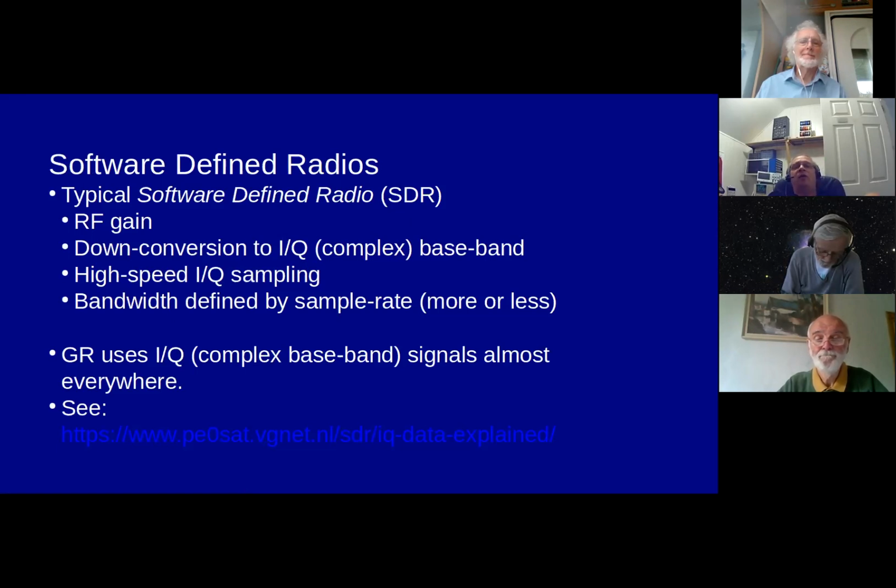GNU Radio, as I mentioned, uses complex baseband signaling. I'm not going to go into a lot of what that actually means here. I've given a link to a site that is one of the dozens of different explanations of complex baseband or IQ signaling out there, and people are free to explore that at their leisure. But GNU Radio uses IQ or complex baseband signal representation in almost every block.